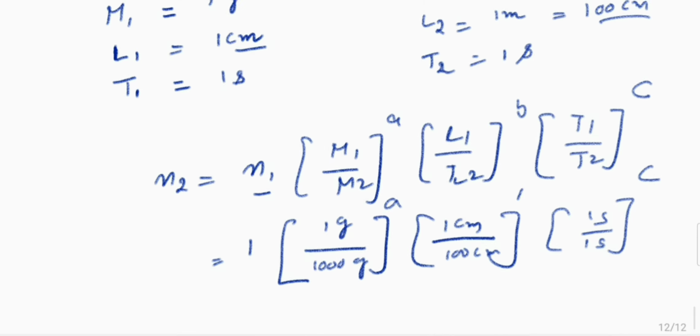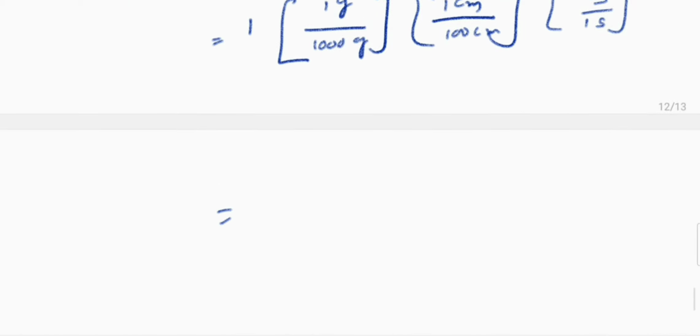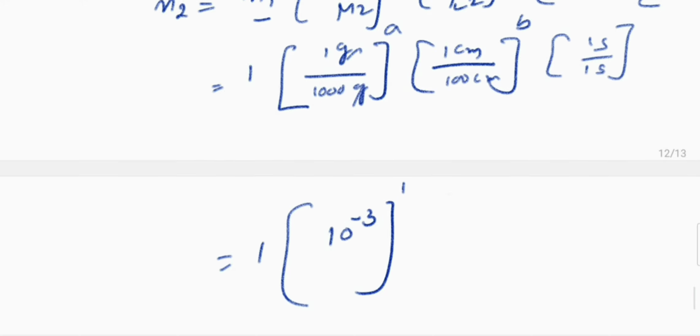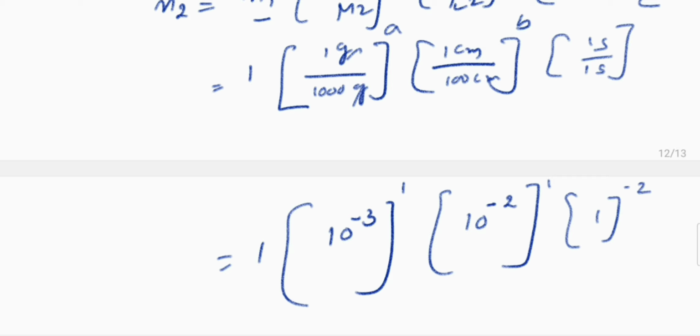So here the grams will get cancelled with grams, and we will get 10 raised to power minus 3 raised to power 1, 10 raised to power minus 2 raised to power 1 and 1 raised to power minus 2, which is equal to 1 only.